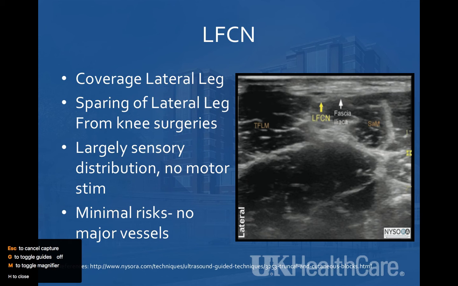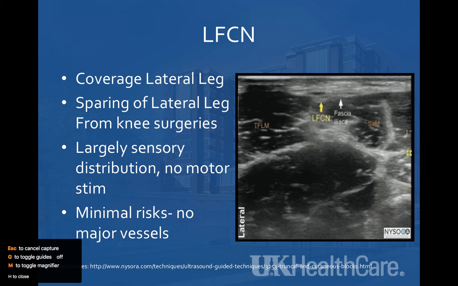I would put some volume in there, almost like a TAP block for the leg, where you're getting a lengthwise running of hydrodissection volume in that, and then I would come up and put volume right where they've got the LFCN indicated, and also trying to get just a black hydrodissection cloud that separates those muscles.